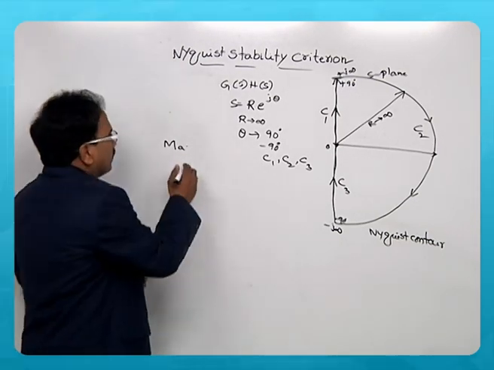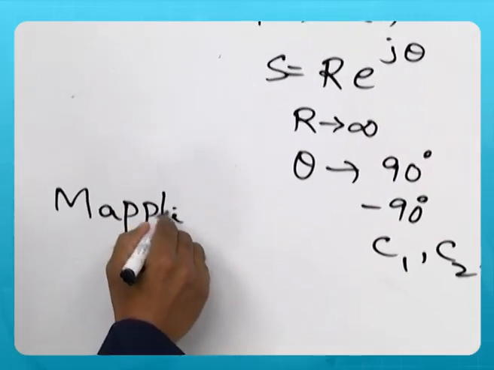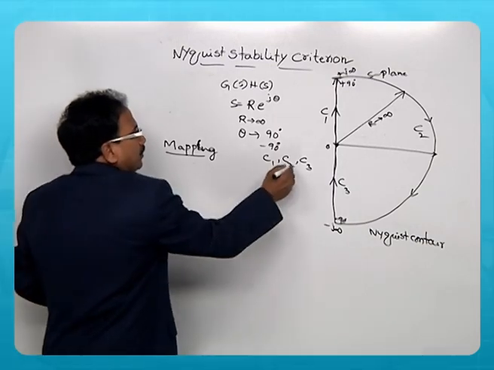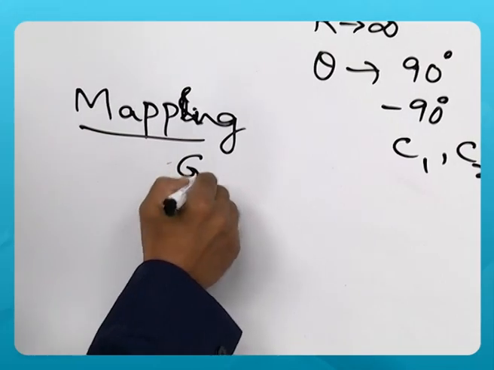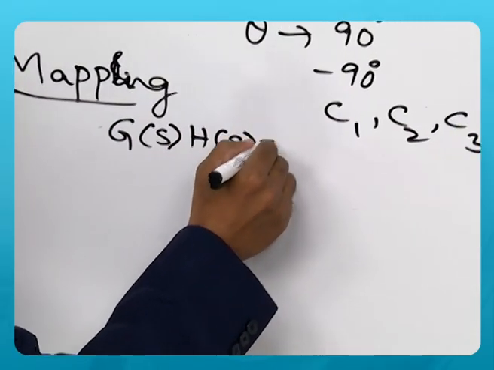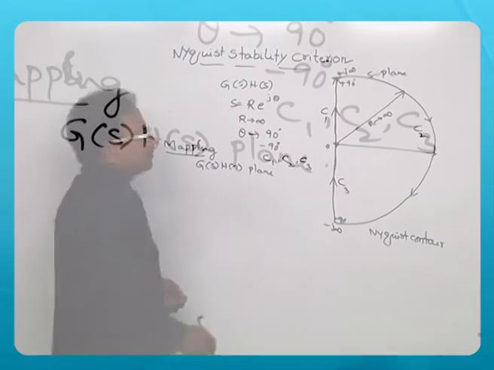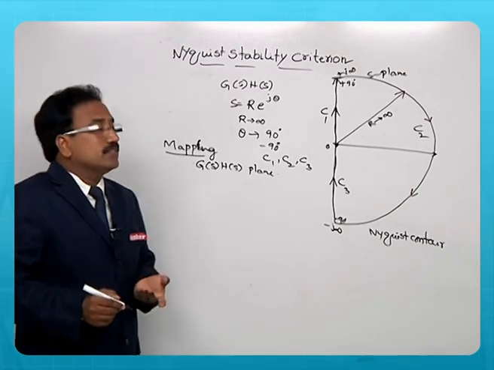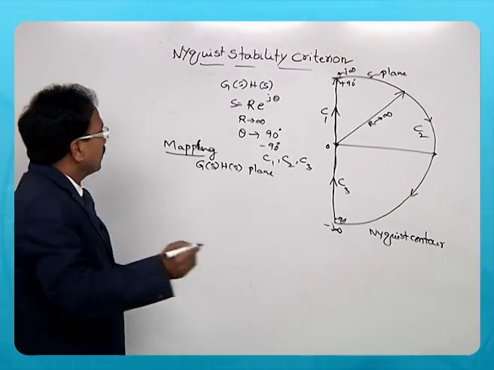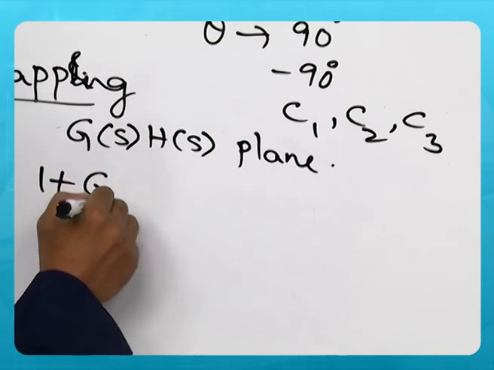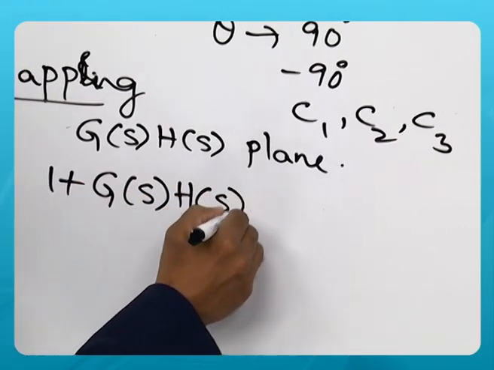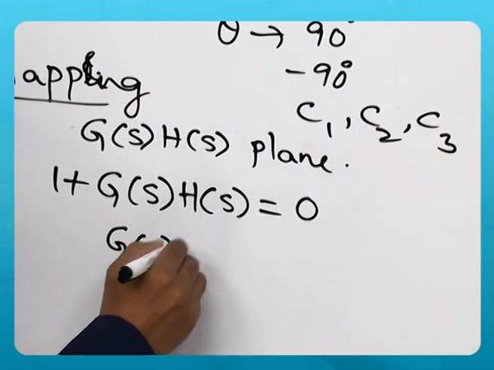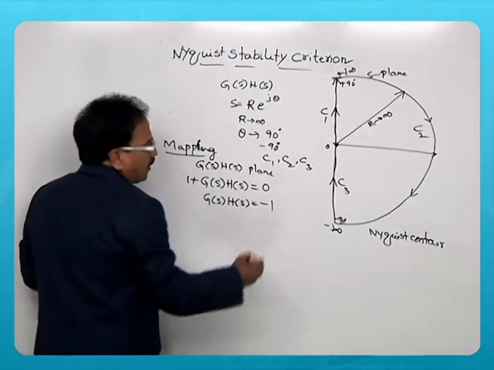But here when I say mapping, it means every portion of these three sections into the G(s)H(s) plane. The encirclements are not around the origin, because as you know, the characteristic equation is 1 plus G(s)H(s) equal to 0. So G(s)H(s) is equal to minus 1.